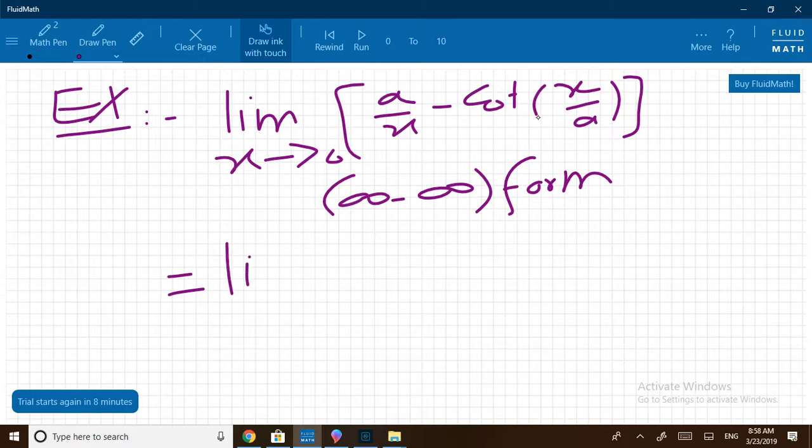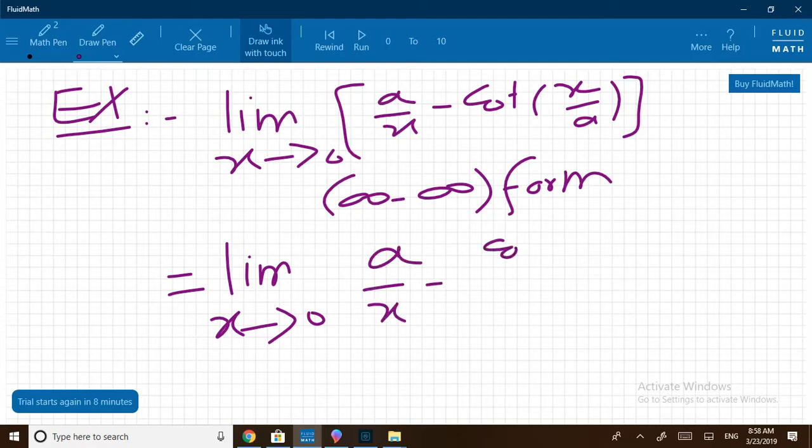Before applying the L'Hopital rule, we first simplify it, and we can write cot of x by a as cos of x by a divided by sin of x by a.